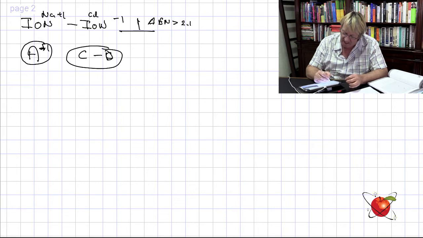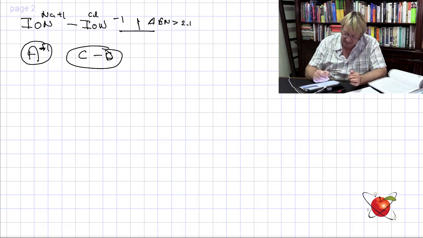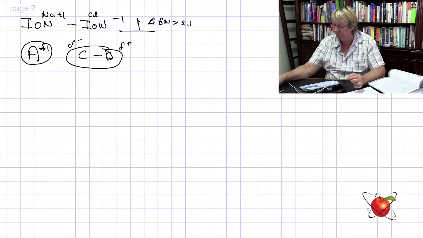Let us say CD on its own is a dipole, with a negative charge here and a positive charge on that side. What happens between those two? There is my CD, on the one side a negative, and on the other side a positive charge. I am a dipole.